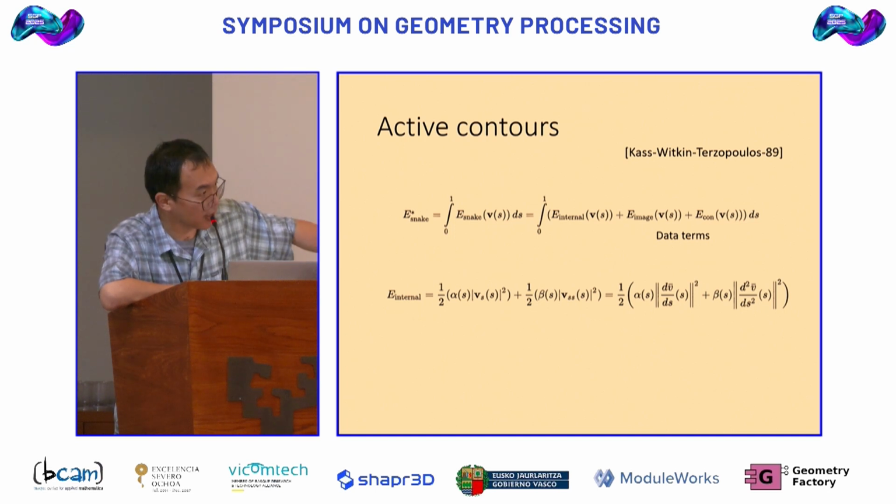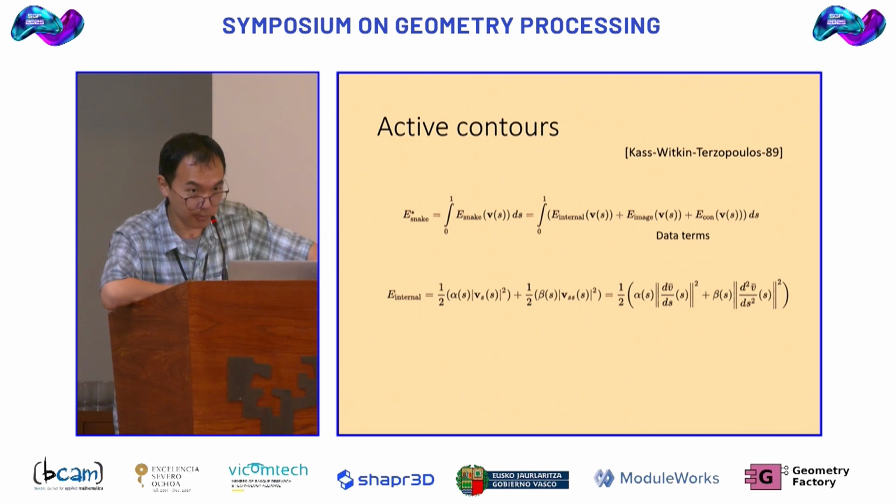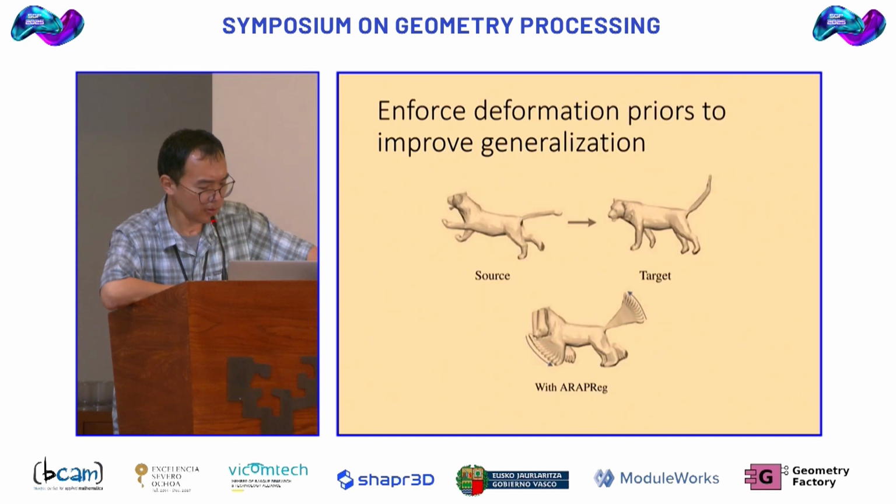What is missing here is the so-called regularization term that controls the smoothness of the generative model. Of course, here we want better priors rather than smoothness. So this is what we want.